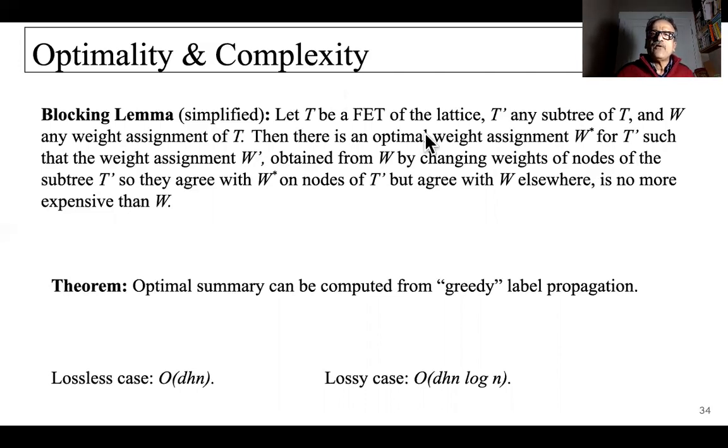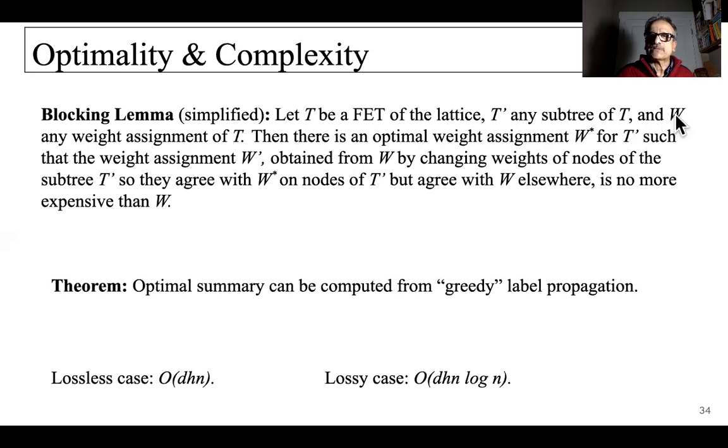Let T be a fully embedded tree of the lattice, T prime be any subtree of T. Let's say that I have magically obtained an optimal weight assignment scheme, W star, for this subtree. Okay? And I have an arbitrary assignment W for the full tree. What the blocking property says is that I can take W and change the weights that W assigns to the nodes of T prime such that they agree with W star.